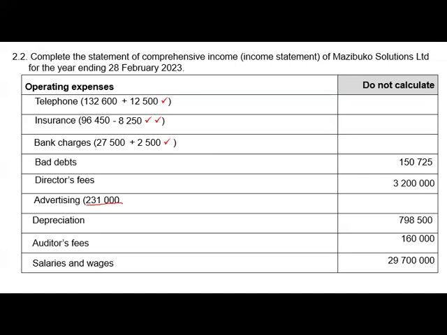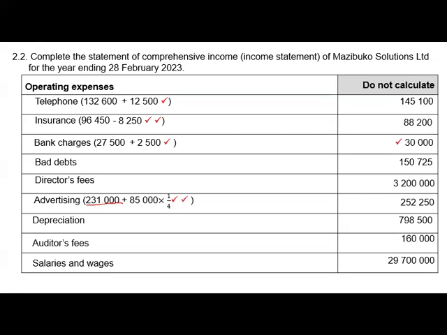So what am I going to do, guys? Let me total my telephone, total insurance, and total bank charges. But when it comes to advertising, what part of 85,000 am I going to include as an expense for the current year? It's 85,000 divided by 4, and you get the total there. Of this 85, what happened to the 3 quarters?